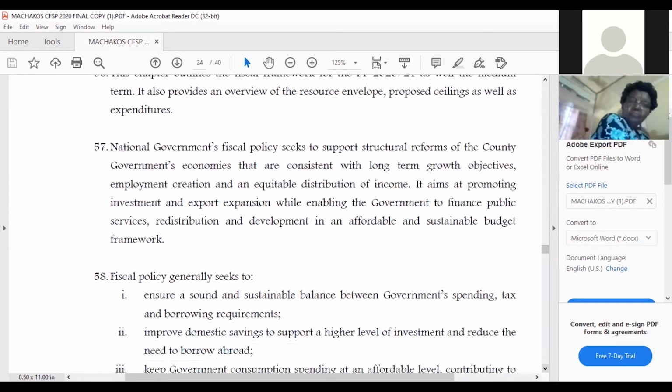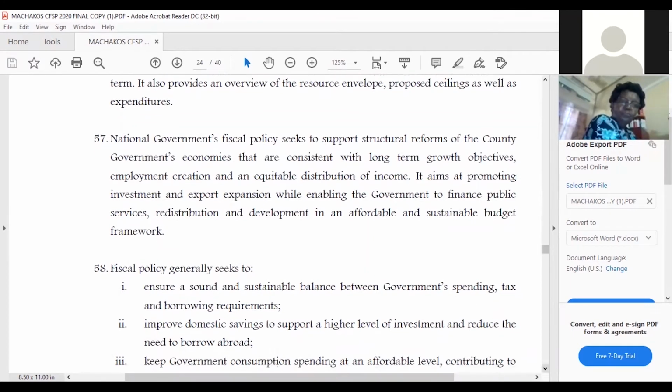So the national government's fiscal policy seeks to support structural reforms of the county government economies that are consistent with long-term growth objectives, employment creation, and an equitable distribution of income. So here you can see that the national government financial policy seeks to strengthen even the county government economies so that the country economic outlook can grow.